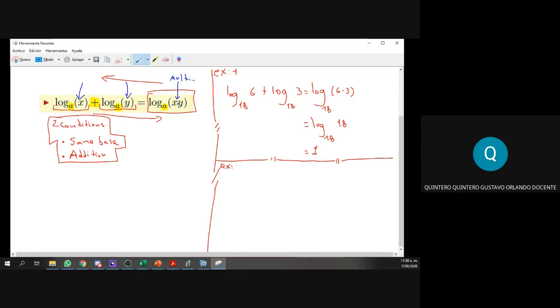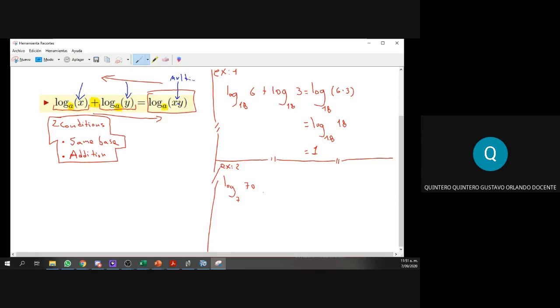So exercise 2. I don't have a good example, so I'm just going to do the logarithm base 7 of 70.